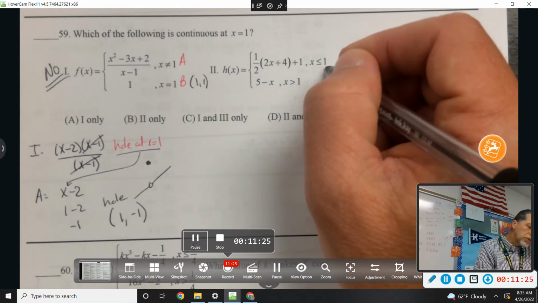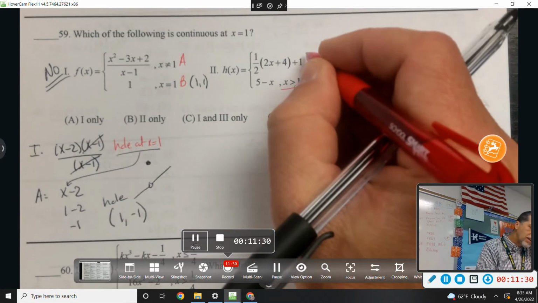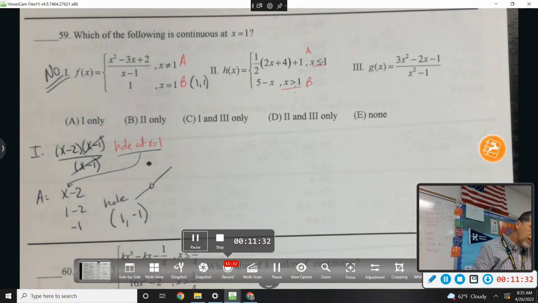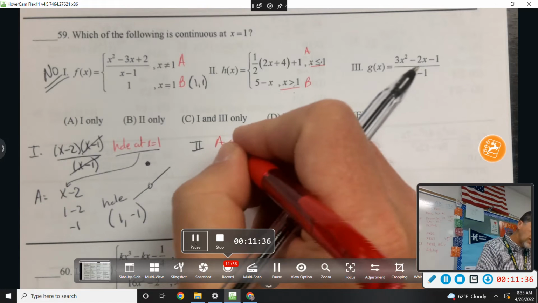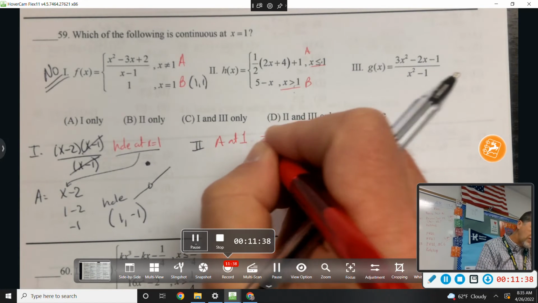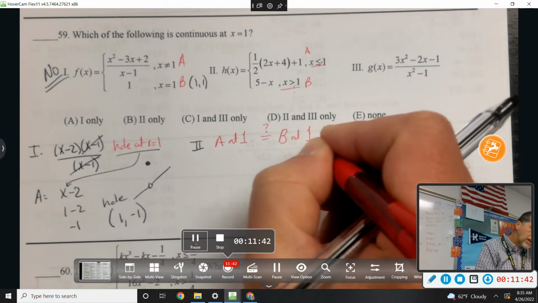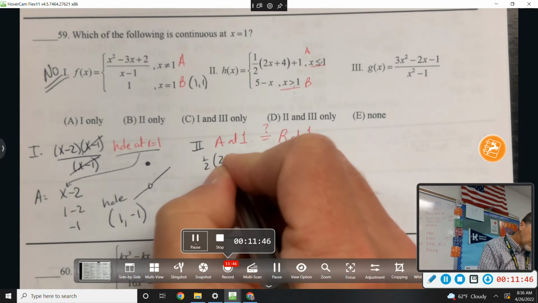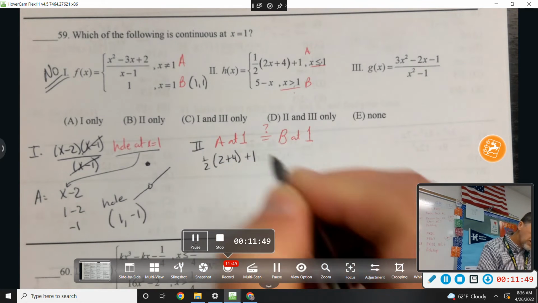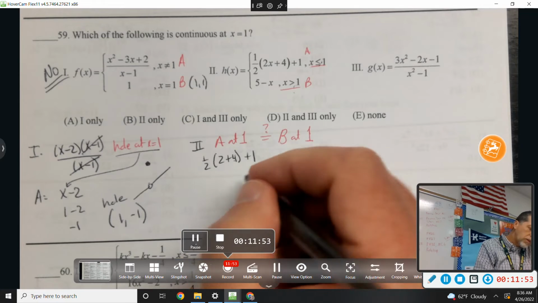Roman numeral 2. Again, the problem area is at 1, so I need to check branch A at 1 and see if that's equal to branch B at 1. So 1/2 times 2 plus 4 plus 1. Half of 6 is 3. 3 plus 1 is 4.